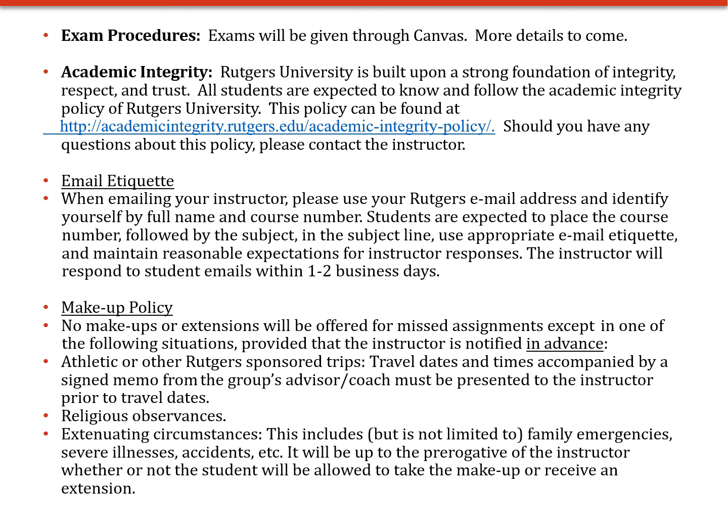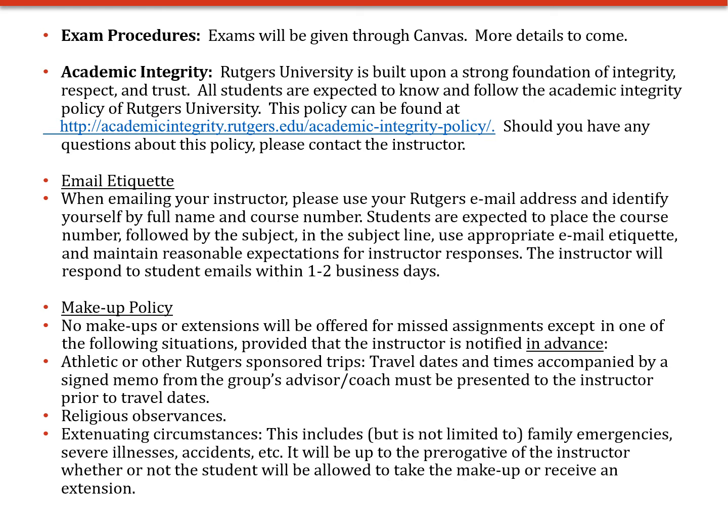Makeup policy. We do not have makeups for exams or extensions for exams or missed assignments unless there's one of the following situations. So athletics or Rutgers-sponsored trips, which I don't think we're going to have any of that happening in the fall. But if that is the case, you should provide me with notification from your advisor or coach, signed by them, showing the dates and times you'll be traveling and what the conflict is.